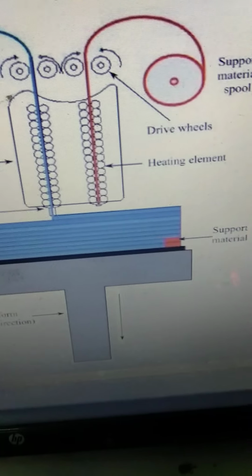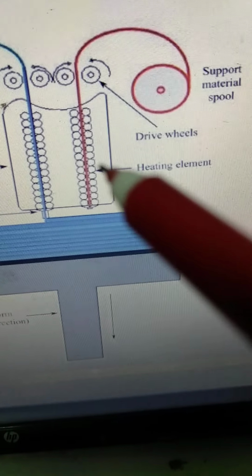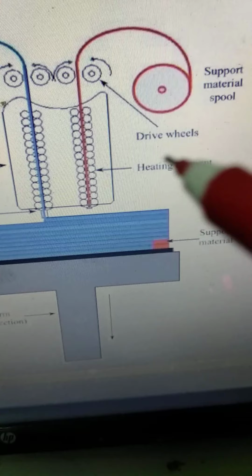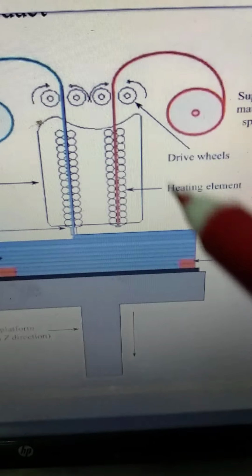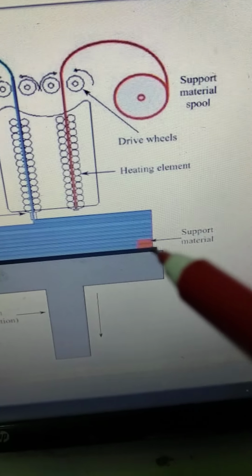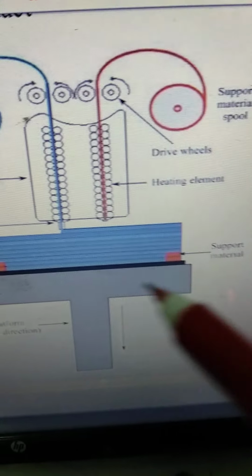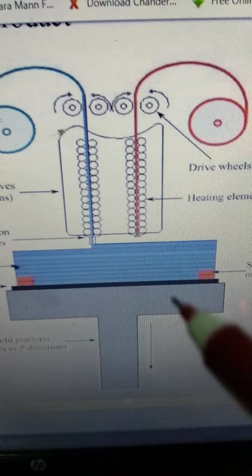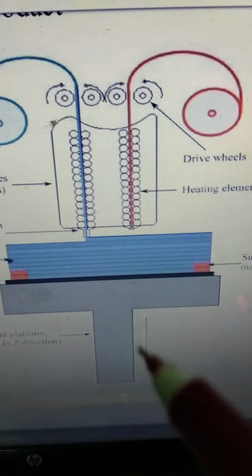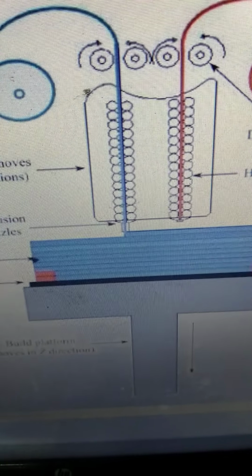This is the heating element which melts the material. This is the support material to support the structure, and this platform can move in the Z direction. I have already explained the process.